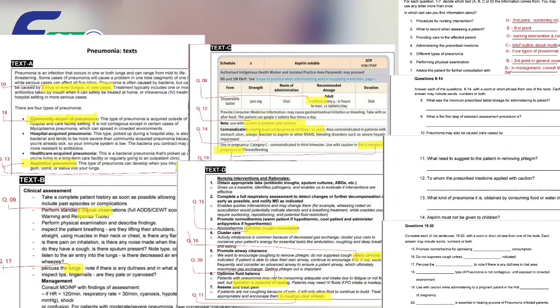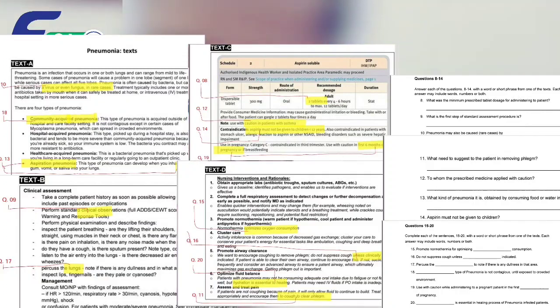In the third line, they have written clearly optimizing oxygen consumption, right? Okay. 16. Do not suppress cough unless clinically indicated. 17. Percuss the lungs to note if there is any dullness in that area.